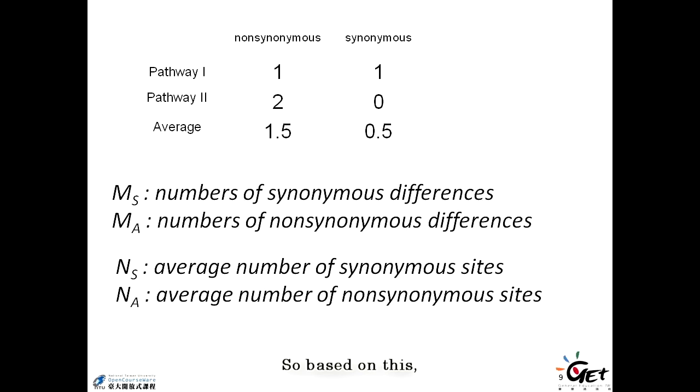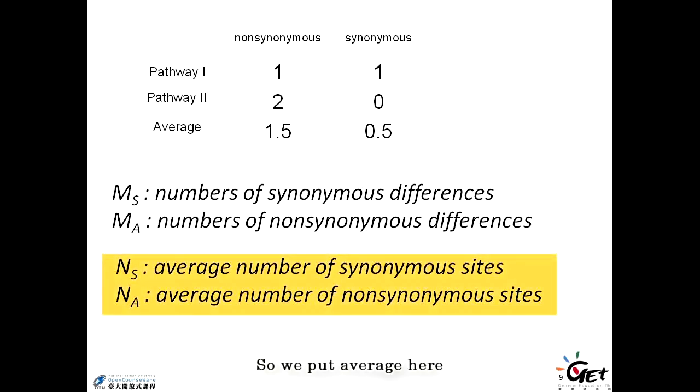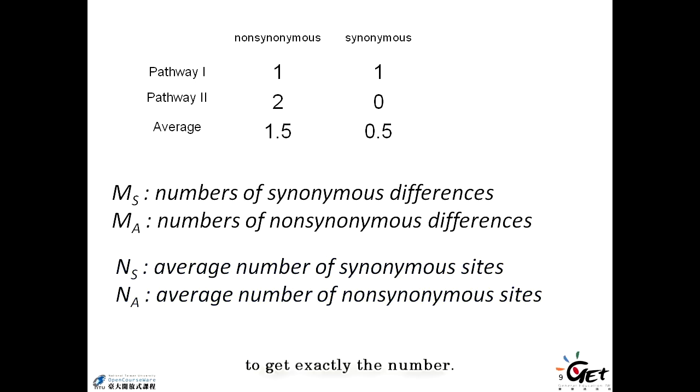So based on this, you can calculate the number of synonymous differences and non-synonymous differences, and also the average number of synonymous sites and non-synonymous sites. We put average here because you have 2 sequences. You have to average the 2 to get the exact number.